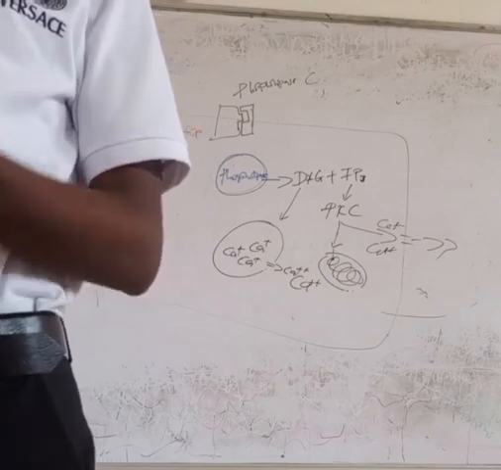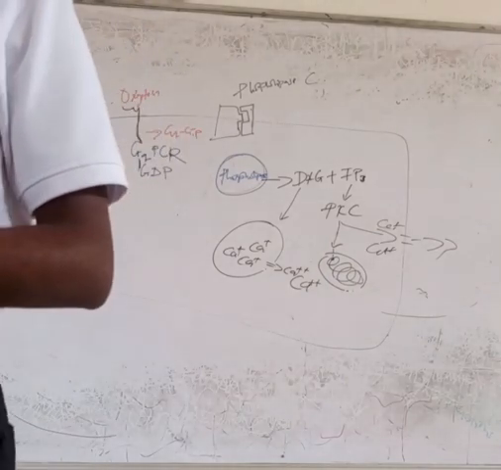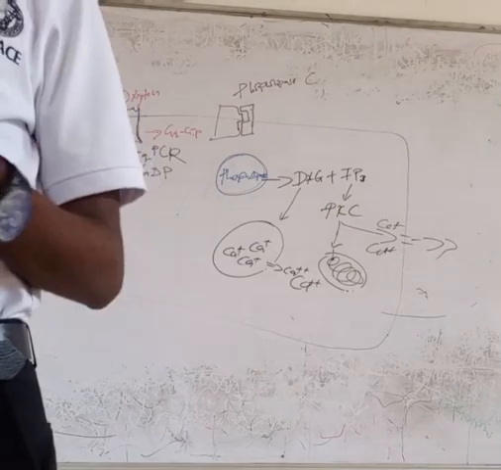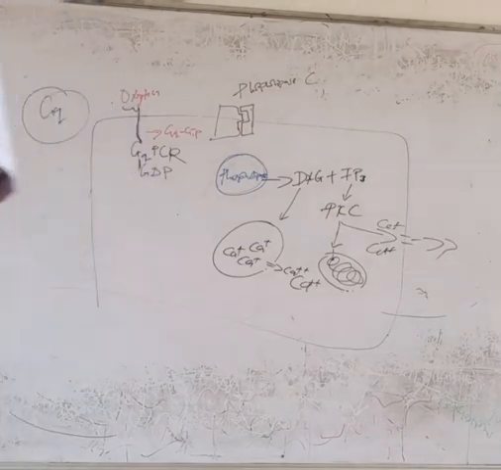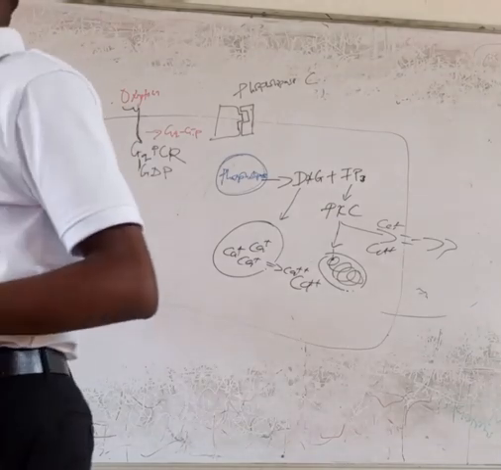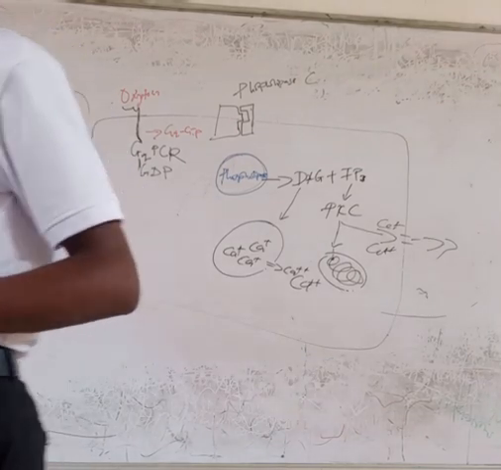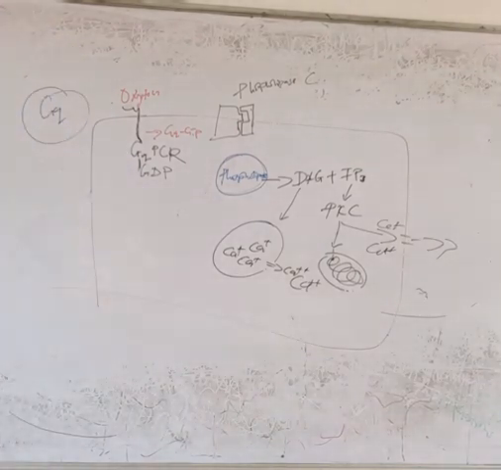The baby stretches the myometrium of the mother, and that stretch triggers the release of oxytocin. When oxytocin is released, it binds on oxytocin receptors and triggers myometrial contraction.